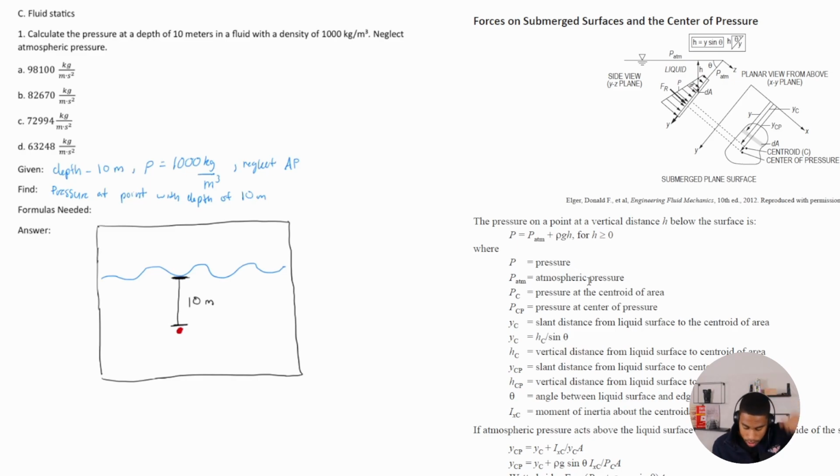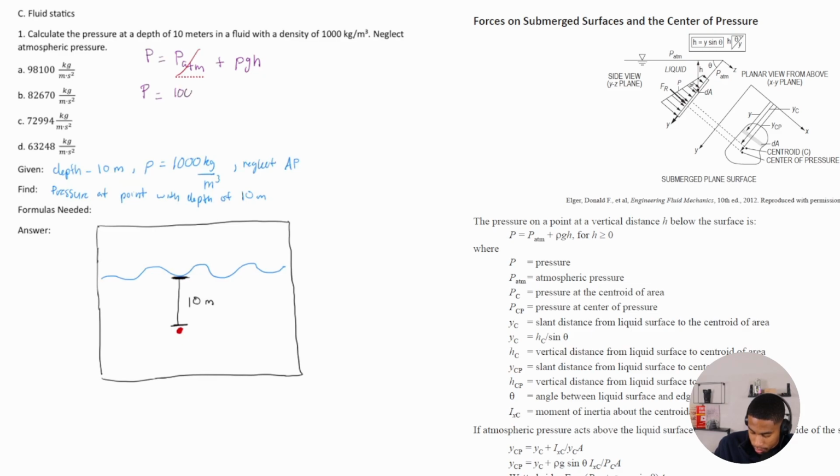Okay, so let's solve, all right? We have, I believe, everything that we need. So P is equal to PATM plus rho g h. All right. So we're neglecting atmospheric pressure, so that just goes away. And we are left with P is equal to, what is my rho?